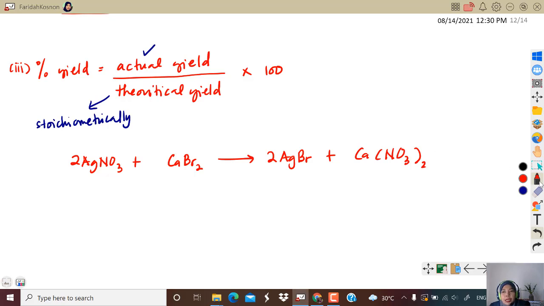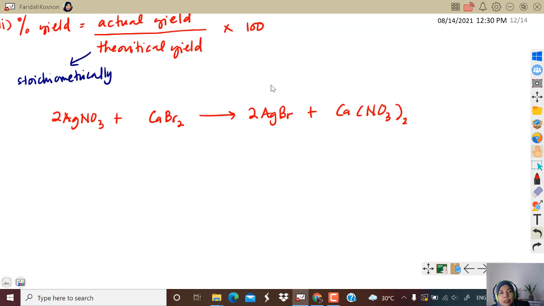Jadi sekarang kita compare mole to mole relationship. Mole siapa? Mole silver nitrate, the limiting reactant, and mole of the desired product. Saya tulis kat sini. And this is the desired product yang kita nak compare.